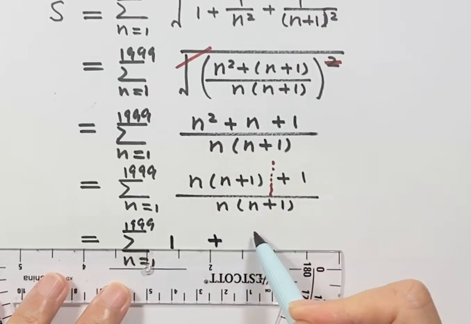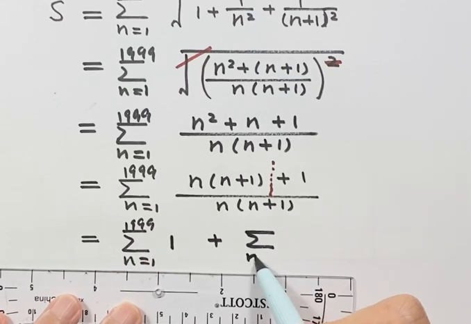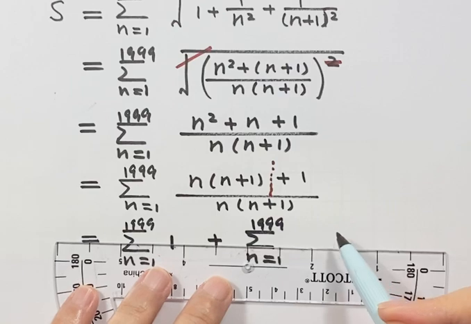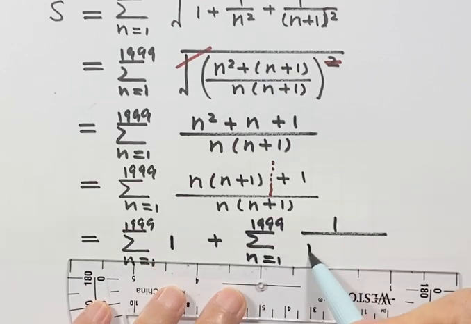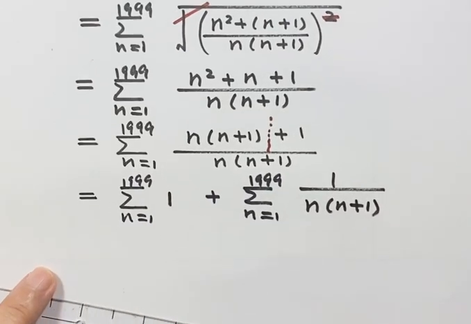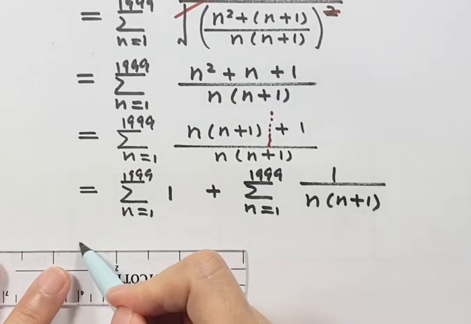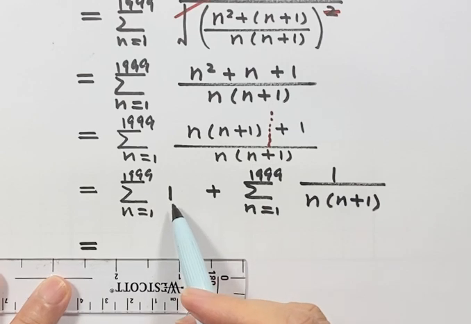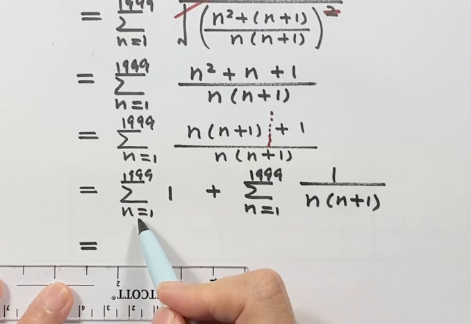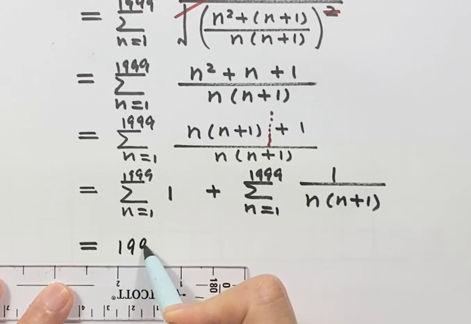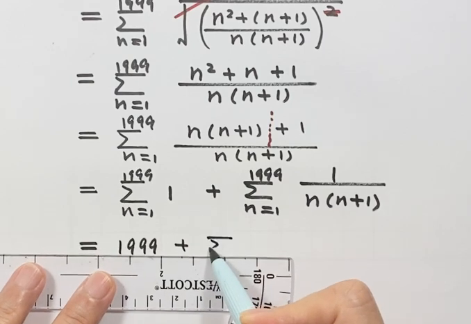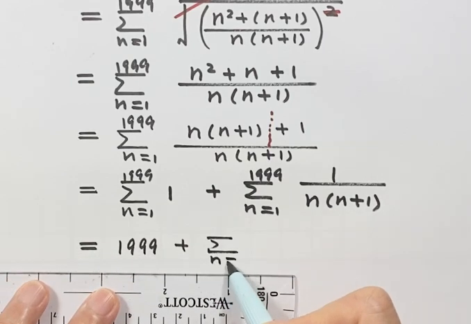Then the second sum, the numerator is just 1, and the denominator is n times n plus 1. For the first sum, because 1 is a constant, we have 1,999 items. So this sum is just 1,999.